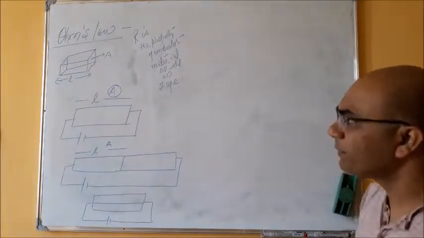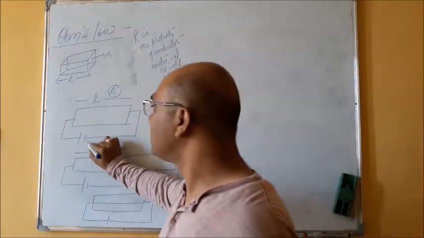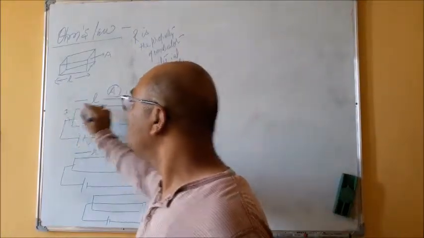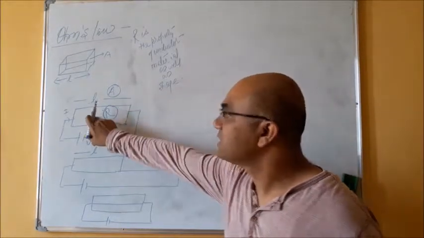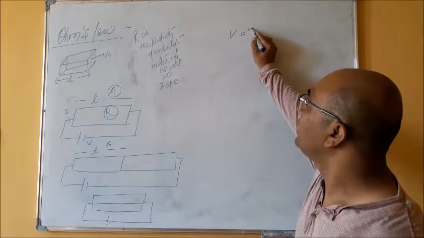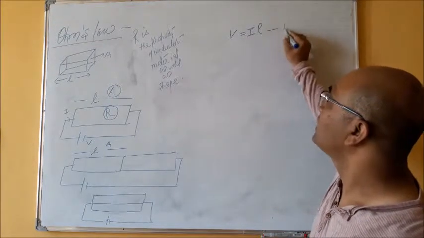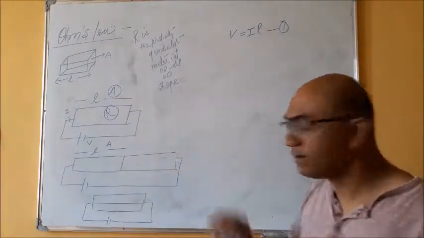So you see, in the first case, if I am saying this is V, this is I, so what is the relation here? If I am saying this resistance of this material is R, so V is equal to IR for the first case, right?